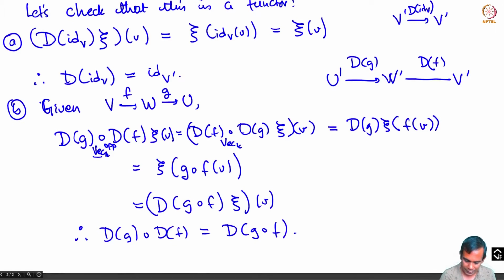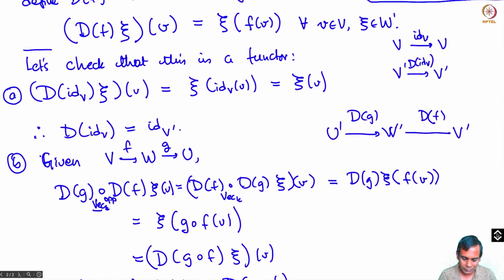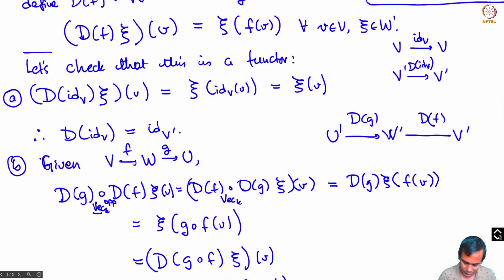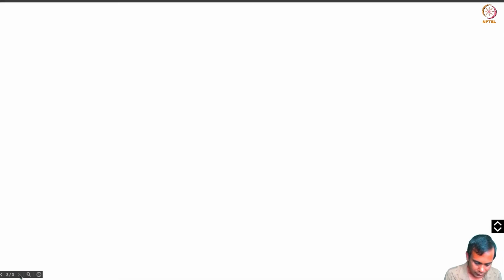This D is an example of an arrow reversing functor. It's a functor from vector spaces to the opposite category of vector spaces. So it reverses arrows, and it's called a contravariant functor. Let me just define covariant and contravariant functors. This is just a notational thing.